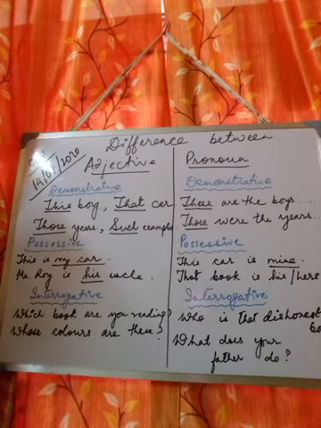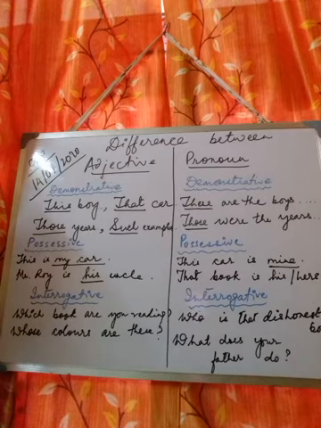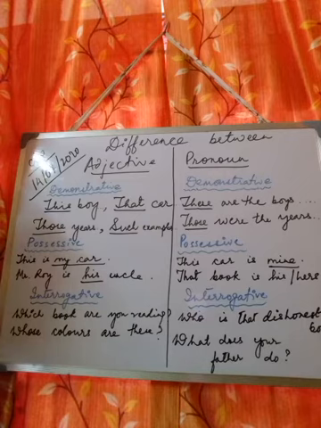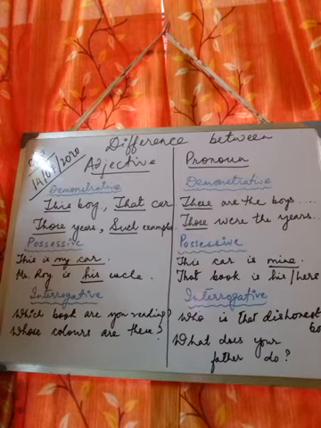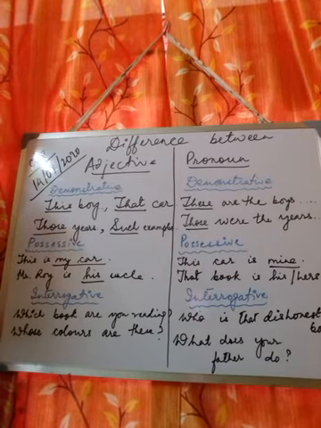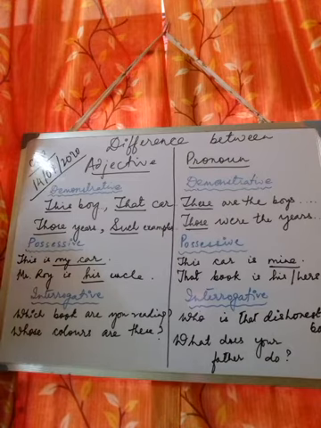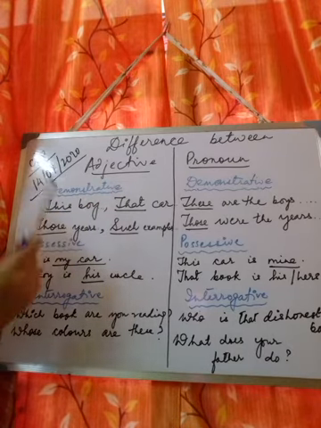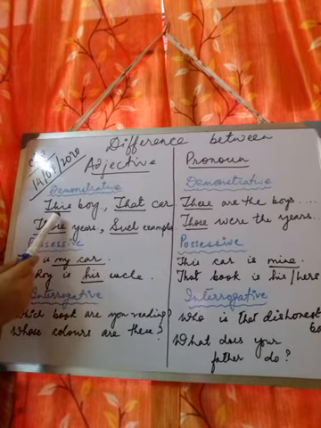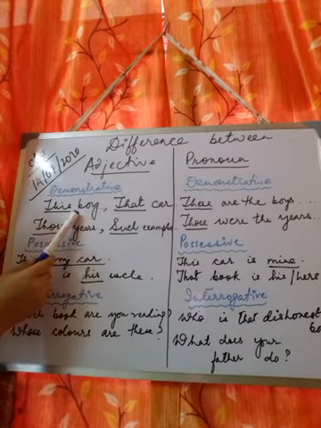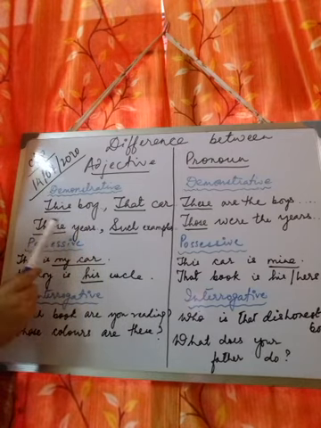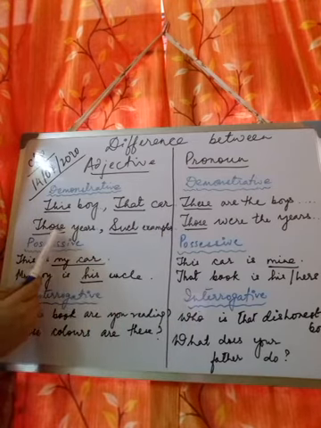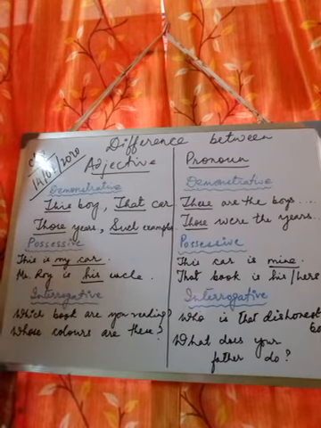As I had explained to you earlier, an adjective, be it demonstrative, possessive or interrogative, can be easily identified because it is immediately followed by a noun. Consider these examples, students. Under adjectives, we have examples here like this boy, that car, those years, such examples.